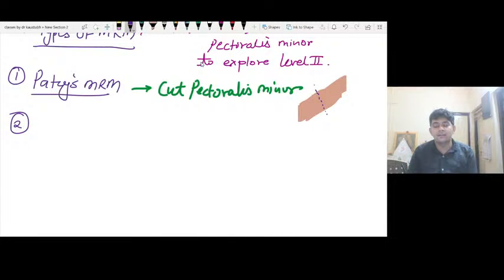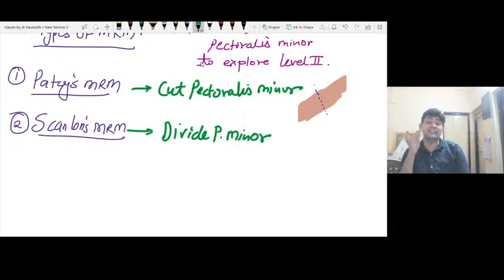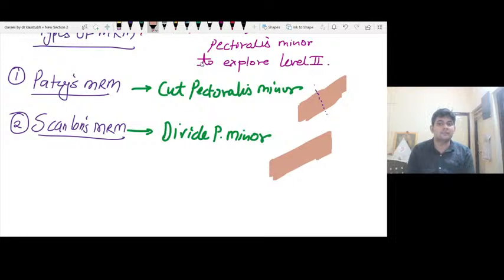Second is called the Scanlon's MRM, and in Scanlon's MRM we divide the pectoralis minor. Now what is the difference between cutting and dividing? Let me show you in the image. Imagine this to be the pectoralis minor muscle fibers. What I am going to do here is, along the longitudinal axis of the fibers, split the fibers of the pectoralis minor.